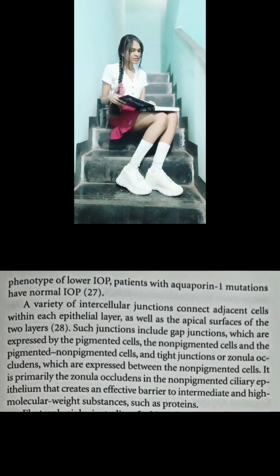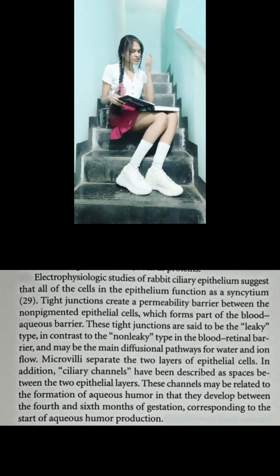It is primarily the zonula occludens in the non-pigmented ciliary epithelium that creates an effective barrier to intermediate and high molecular weight substances such as proteins. Electrophysiologic studies of rabbit ciliary epithelium suggest that all of the cells in the epithelium function as a syncytium.